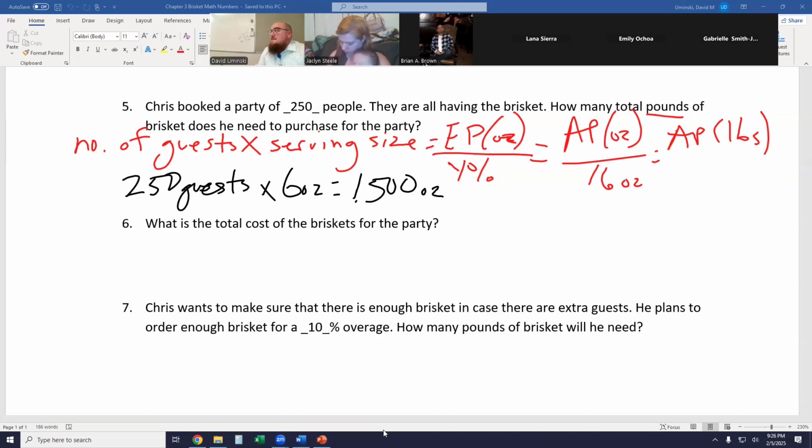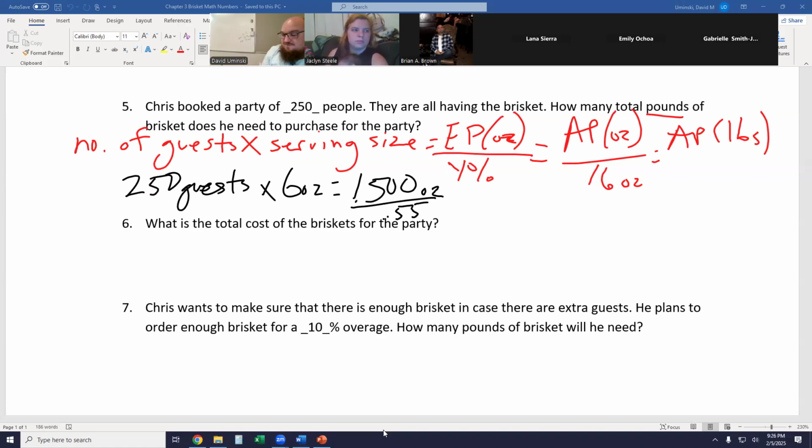But most students, when they see pounds, think, I'm done. No more. But they have to use that yield factor. If I only order 93.75 pounds, when I go to cook that brisket, it's going to shrink down to 40 pounds. I'm not going to have enough. So that's why I have you divide by the yield factor right here so that you don't forget.